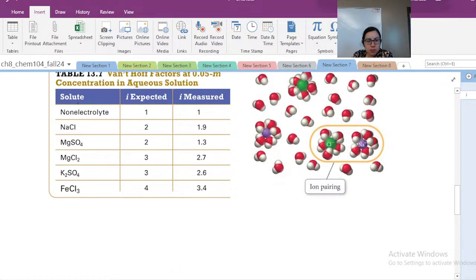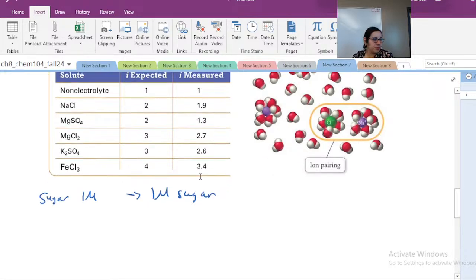It starts you off with a non-electrolyte, like sugar. If we have 1 molar concentration of sugar in solution, we're going to have 1 molar of sugar still. Obviously it's a non-electrolyte, so it doesn't dissociate, so we still have 1 molar of particles.